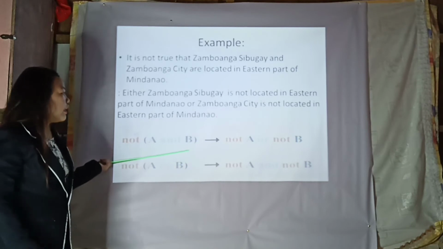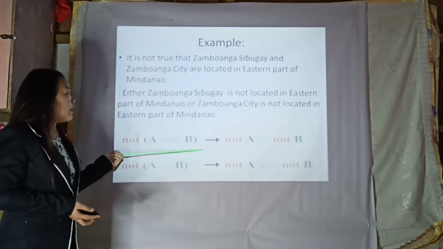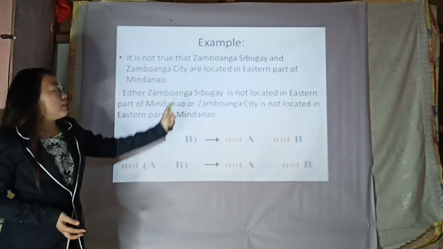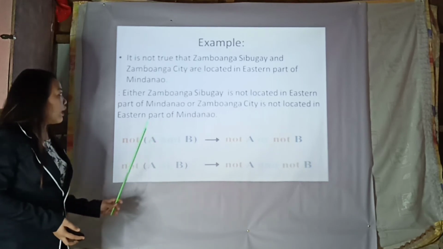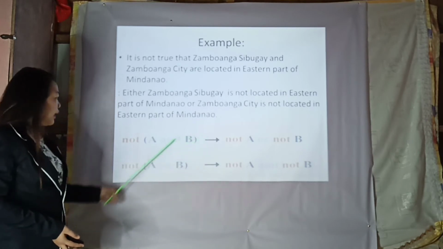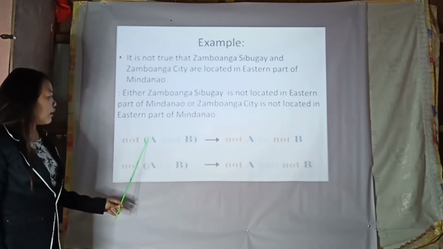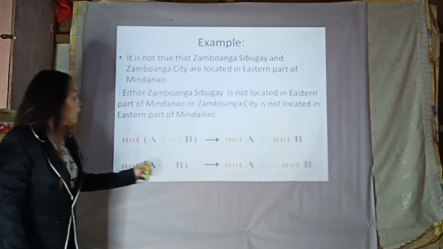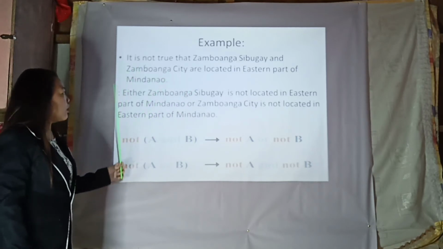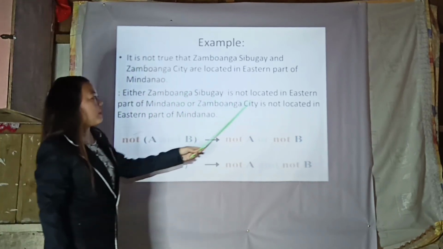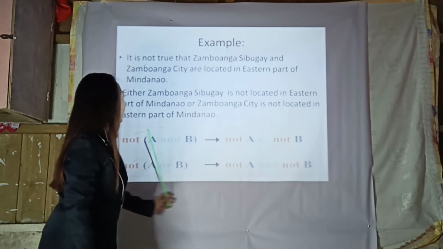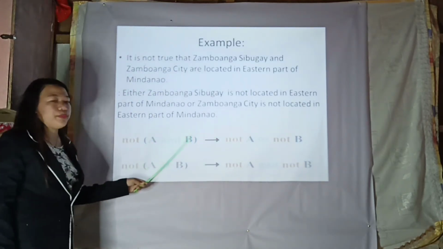So, as I discussed earlier, distributing the negative to the first and second statement will be not A or not B. So therefore, the negation of this statement would be either Zamboanga Sibugay is not located in eastern part of Mindanao or Zamboanga City is not located in eastern part of Mindanao.